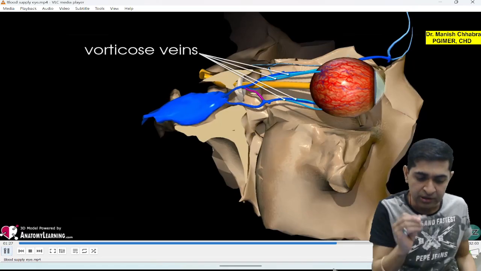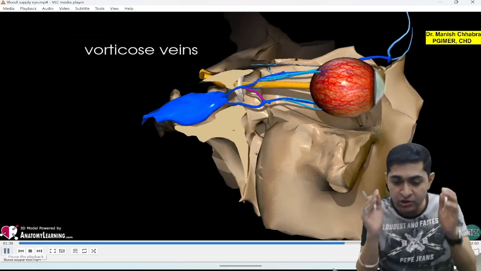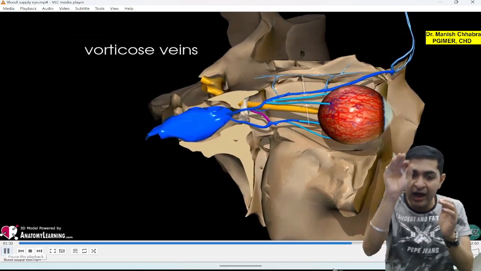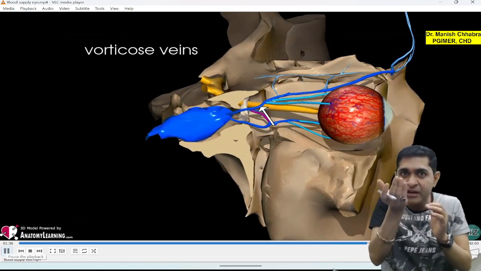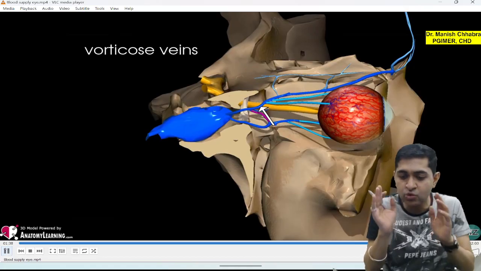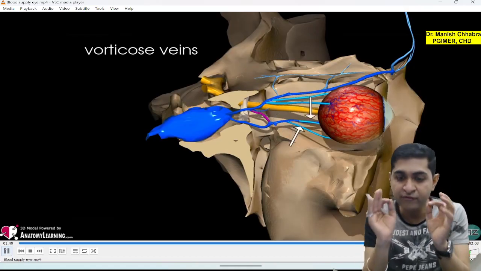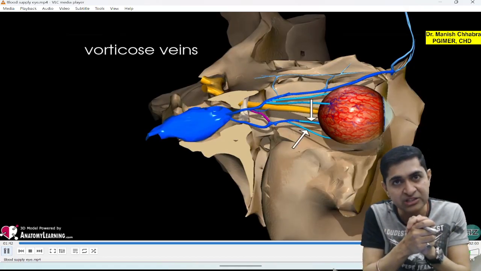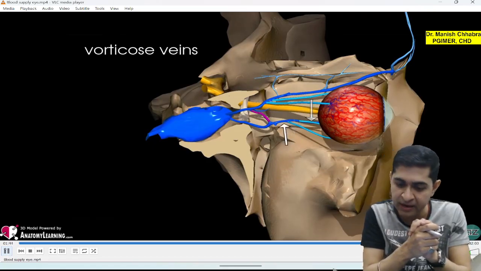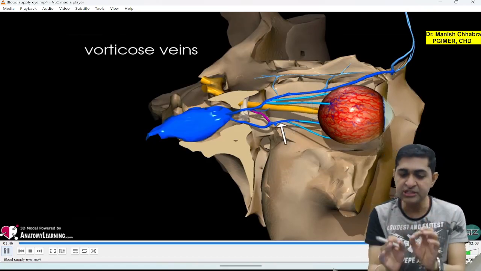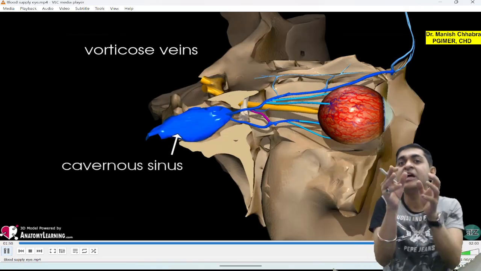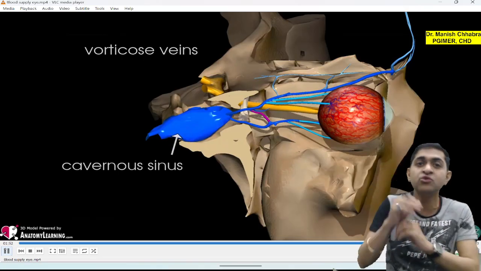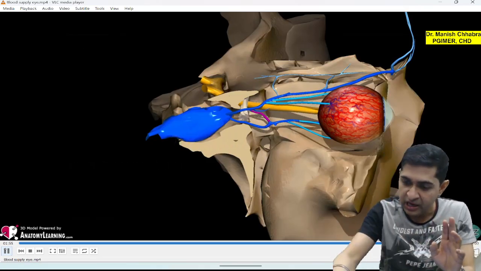So the 2 superior veins drain into the superior ophthalmic vein. Inferior vorticose veins drain into the inferior ophthalmic vein. Is it understandable? The arrowhead is showing inferior vorticose veins, and ultimately they are going where? They are going into the cavernous sinus. I hope it is clear.